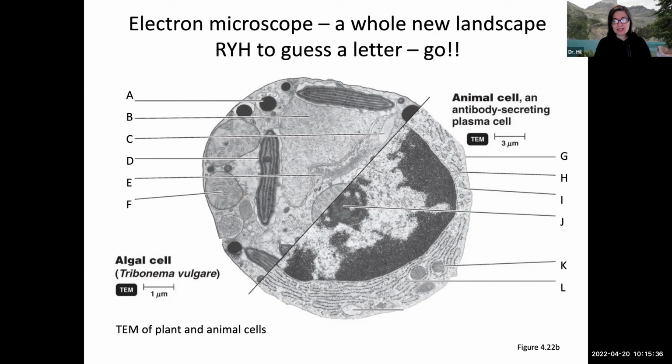Charisse, what would you like to guess? Tell us the letter and what the item is pointing to. I'm guessing D is a chloroplast. Great. Anyone else have a guess about anything they see in this picture or a question? Aminata, what are you seeing? I'm guessing B is a nucleus. Great. And Andrew, what about you?